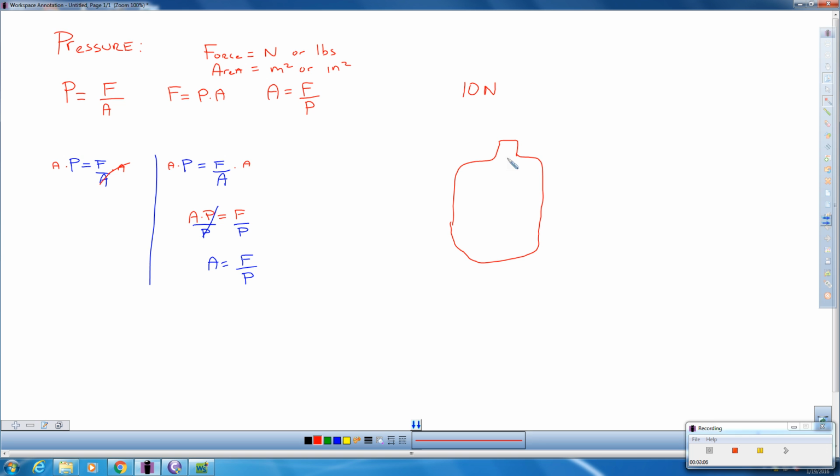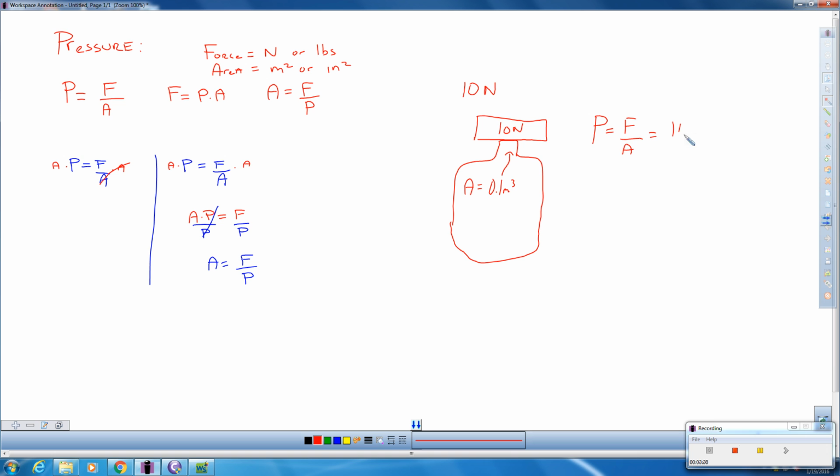Let's say this area in here is 0.1 meters cubed, so that's our area here. And we have a force here that's acting upon this that's 10 Newtons. That's our load.